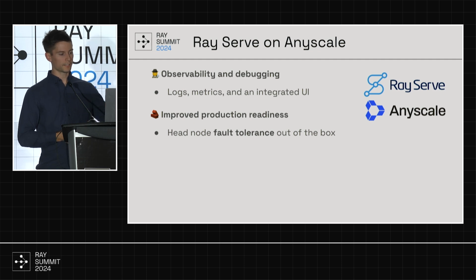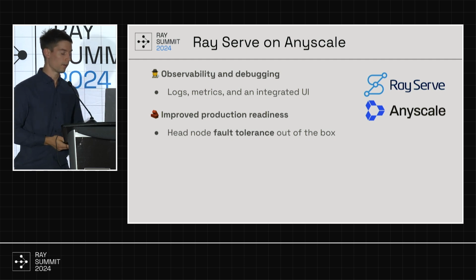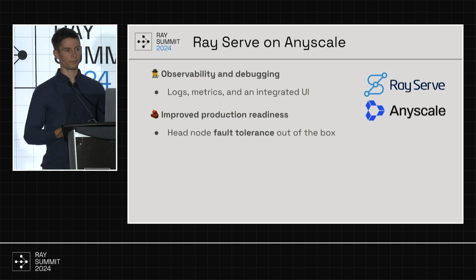You can address this by enabling head node fault tolerance, but it adds more operational burden because you need external storage. On Anyscale, we configure that for you by default and handle the entire recovery process automatically. So if the head node does go down for any reason, you won't drop any requests, and it will get recovered.